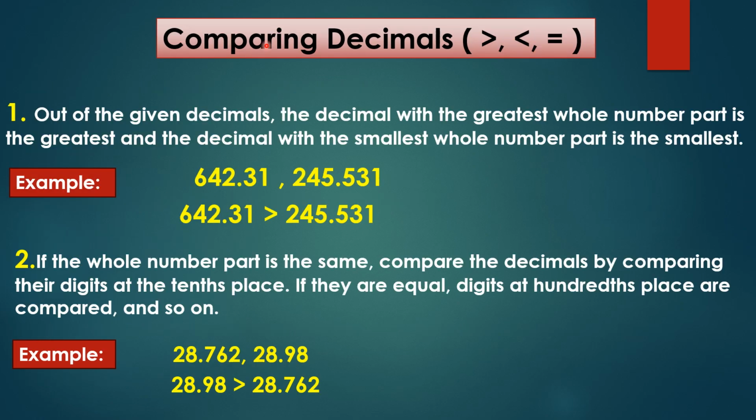Now let's learn comparing decimals. Out of the given decimals, the decimal with the greatest whole number part is the greatest and the decimal with the smallest whole number part is the smallest.